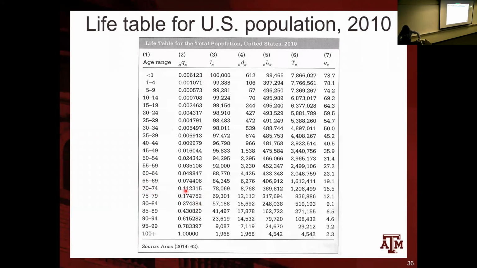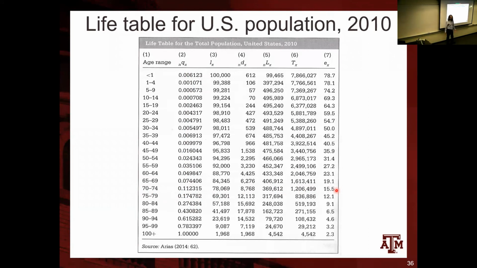At age 70, if I had the chance of dying before age 70, but I didn't die, how many additional years am I expected to live? 15.5. So on average, how many years will people who reach 70 years of age live? 70 plus 15.5, 85.5.